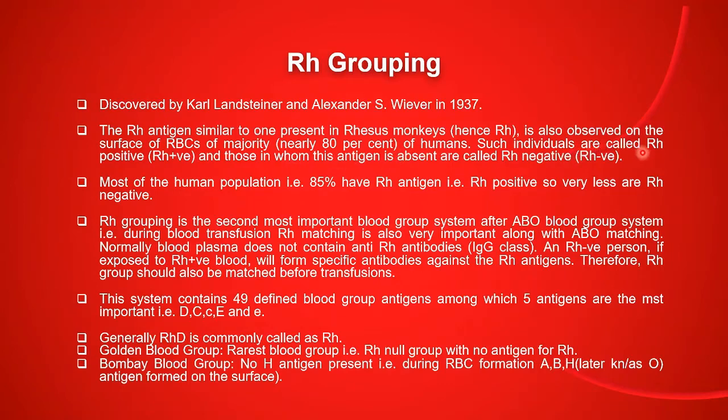Such individuals are Rh positive, and those who do not have it are Rh negative. Most of the human population, 85%, are Rh positive, have the Rh antigen, and very few are Rh negative.